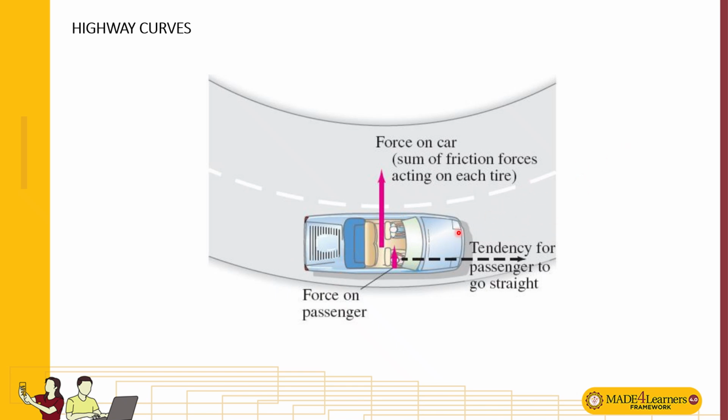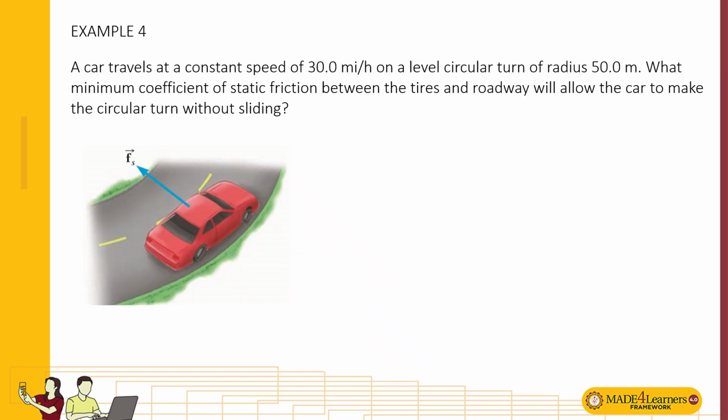If the centripetal force is reduced, the tendency is it would go towards this direction, in a straight line. For this example on frictional force for the centripetal force, you may refer to the previous video.